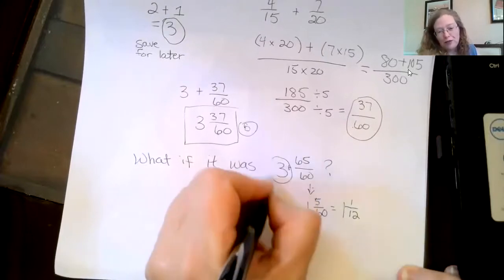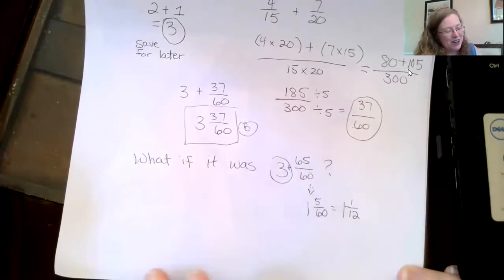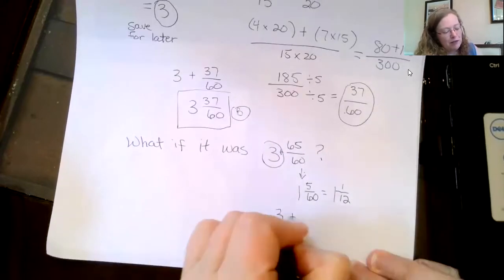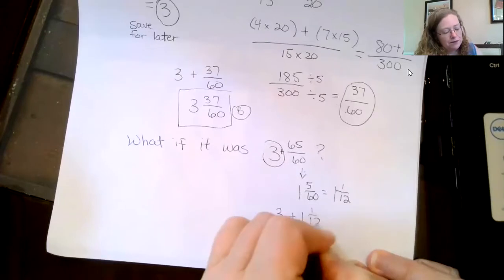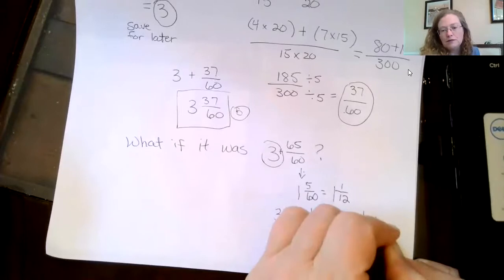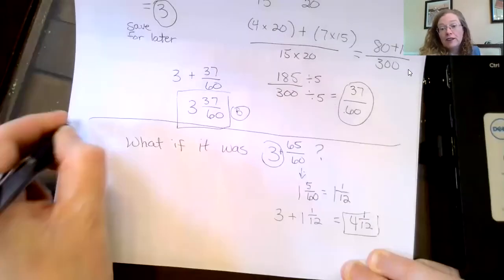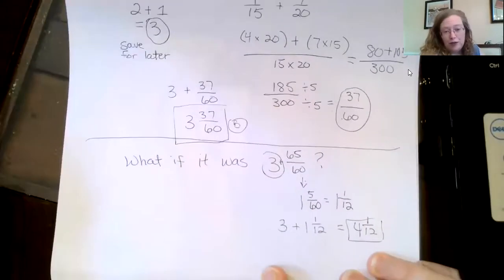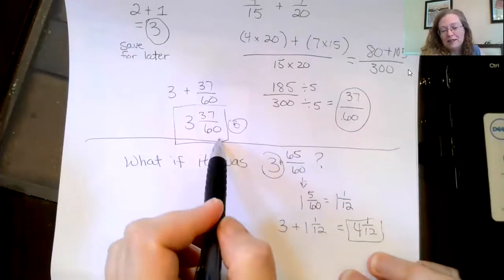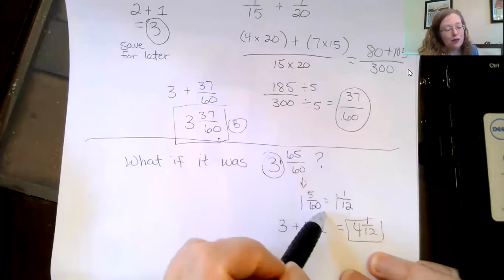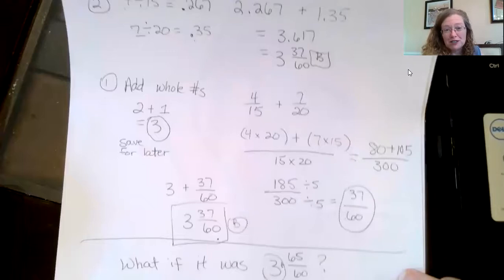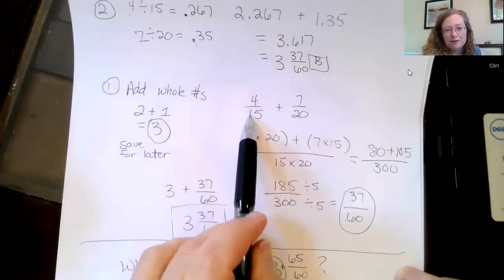So again, I would circle the 3 because I want to keep that. So now I've got 3 plus 1 and 1/12, and I'd have 4 and 1/12. If you get lucky, you won't have to convert an improper fraction into a mixed number and then add. But worst case scenario, that's what you have to do if you use the technique of just focusing on the fractions and keeping the whole number separate.